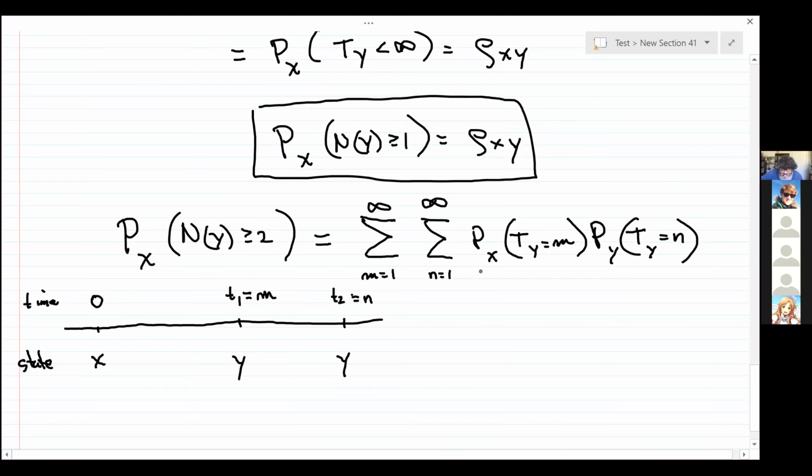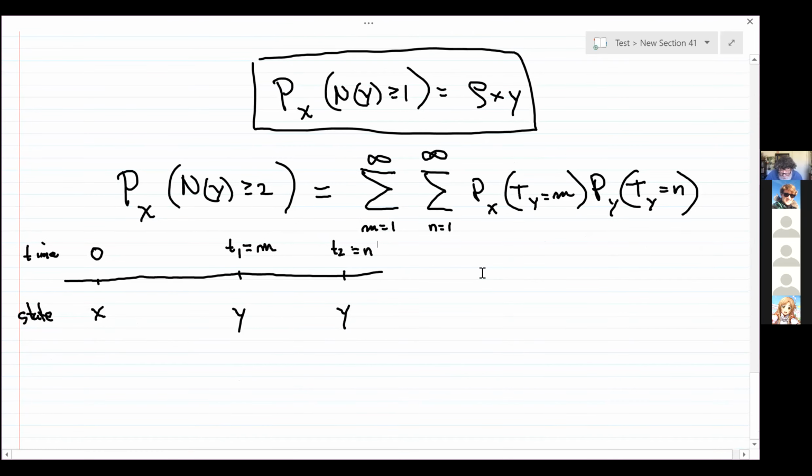And I can write a little more. This thing in here, he's saying is really, if you started with x, you want the first time you visit y to be m, and you want the second time you visit y to be n. And that's what he really wants in here, because you know there's at least 2 times you visited y.